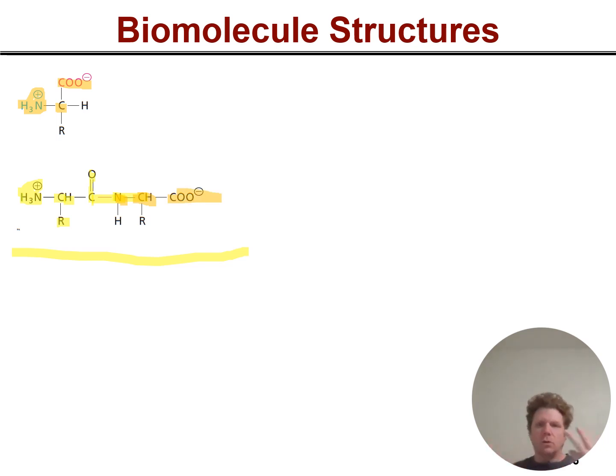Okay, so this is 2 amino acids put together to form what's called a dipeptide. We'll get more into that later on, but basically this is the way in which biological molecules are formed into higher order structures. These 2 building blocks get put together and they make something bigger than themselves.